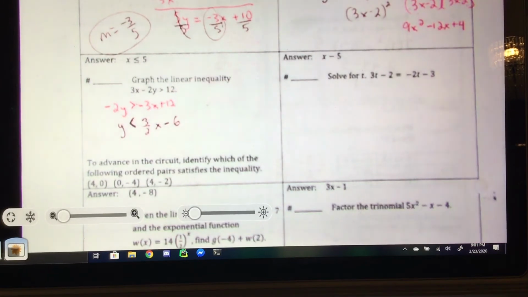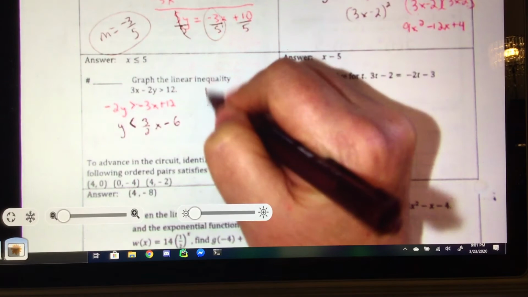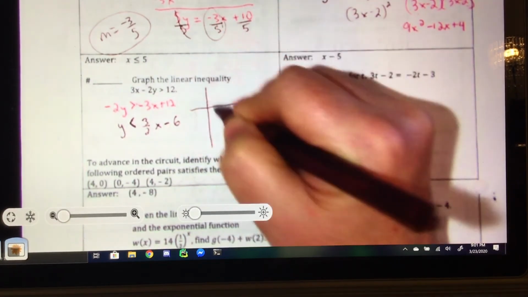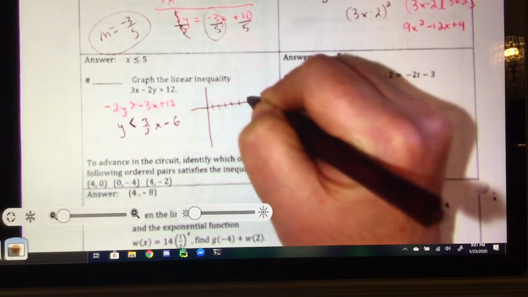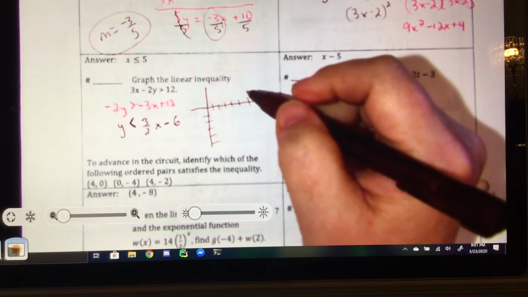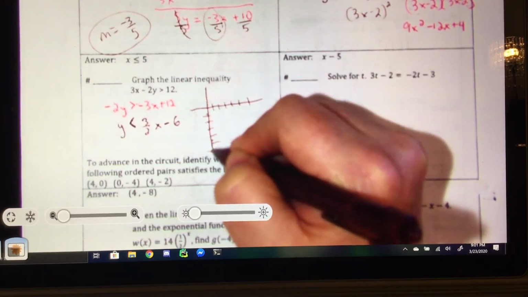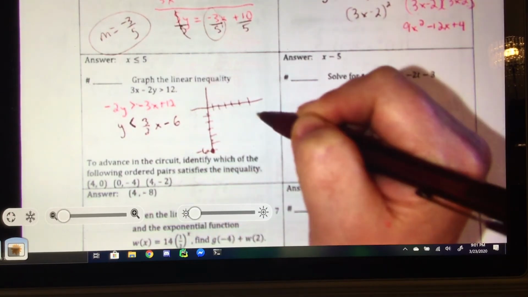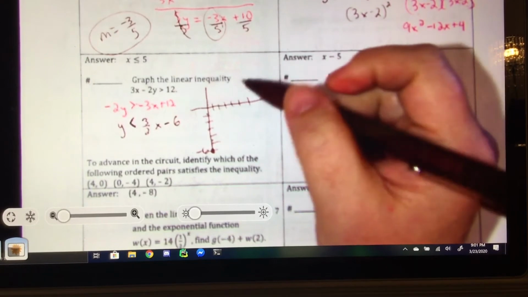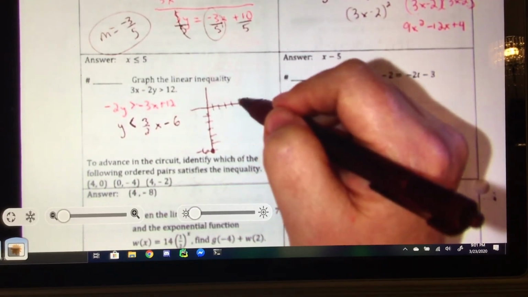And then it wants us to graph it, which I don't really think we need to, but it doesn't have to be a perfect graph. And let's see, so 1, 2, 3, 4, 5, I need one more. So here's negative 6, and if x is 0, then y is going to be negative 6.